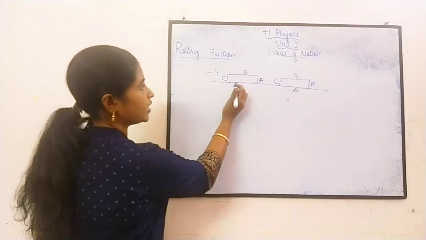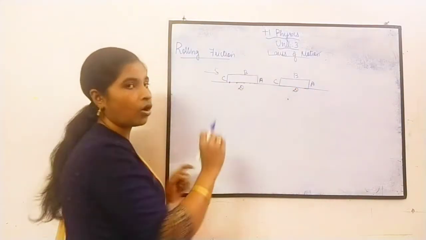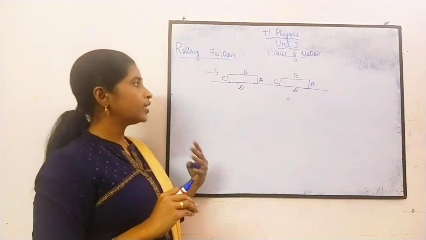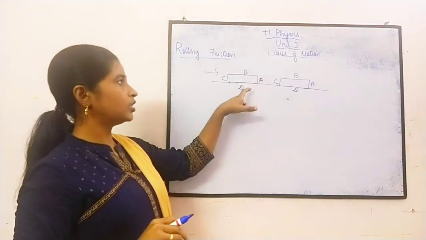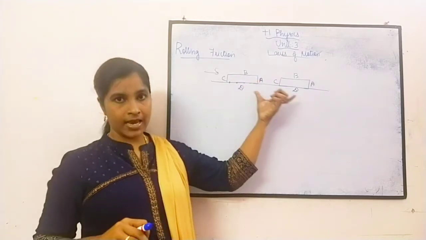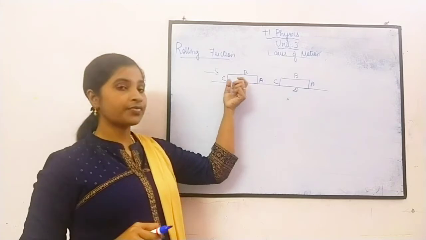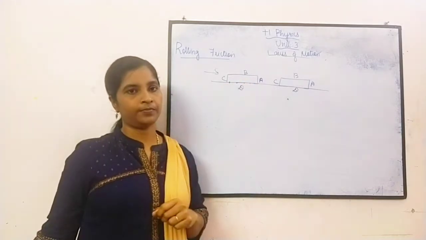If D is in contact with the surface here, the same face is in contact later too. So the relative contact between the surface and the body is the same, even after it is moving.